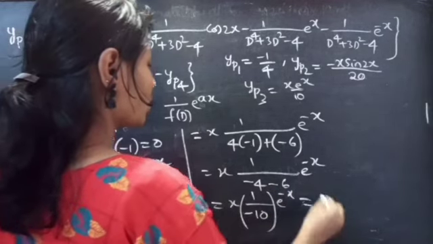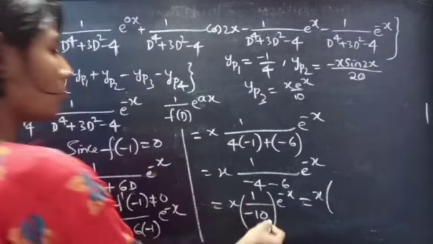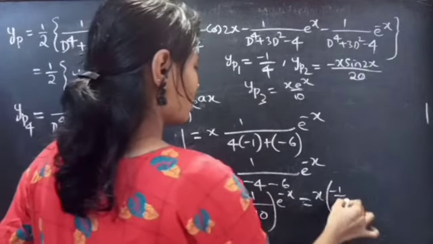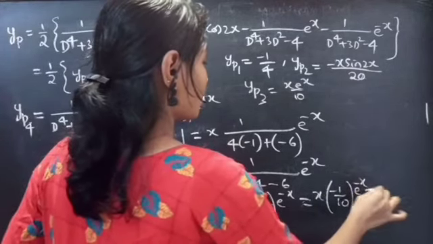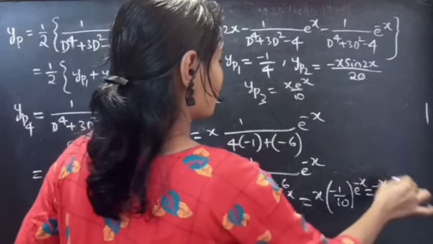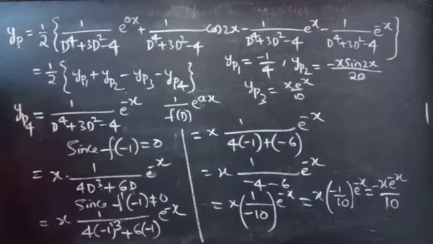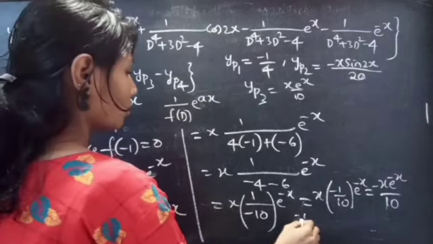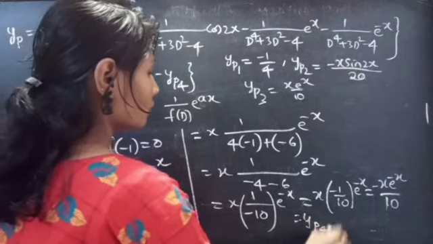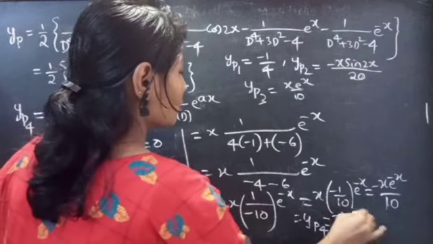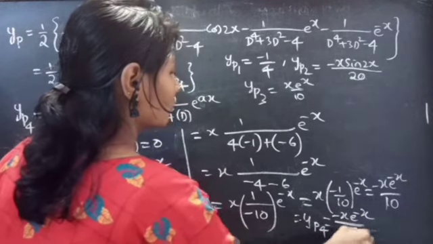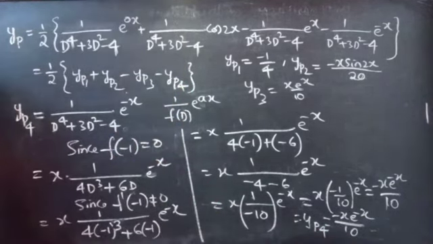You can write 1 by −10 as −1 by 10, which equals −x e^(−x) by 10, right? Therefore, yp4 equals −x e^(−x) by 10.